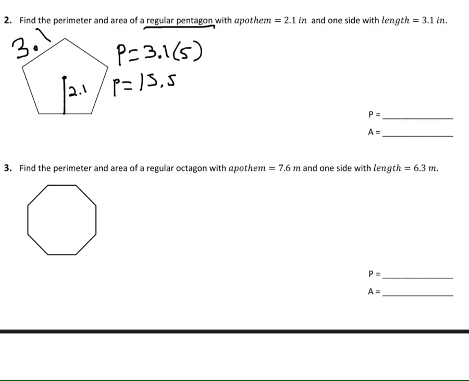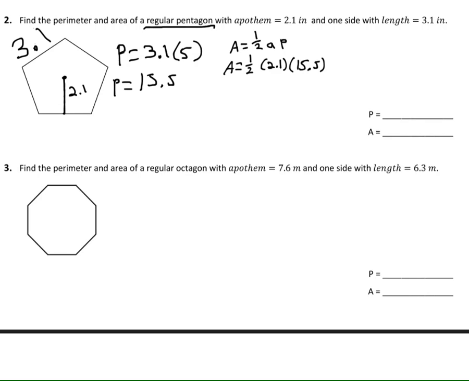Now, to find the area, all I have to do is take 1/2 the apothem times the perimeter. So let's plug everything in: 1/2 times the apothem, 2.1 inches, times the perimeter, 15.5 inches.